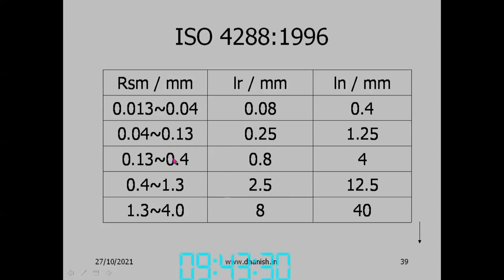So we estimate RSm, find out the sample length, and measure. Suppose the measured value is 0.25, then you have to choose a different cutoff. If the measured value is less than 0.13, choose sample length 0.5.